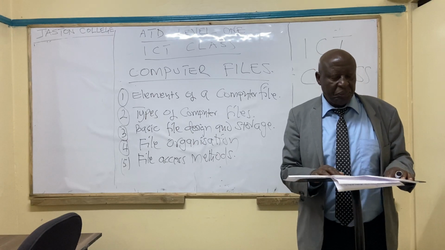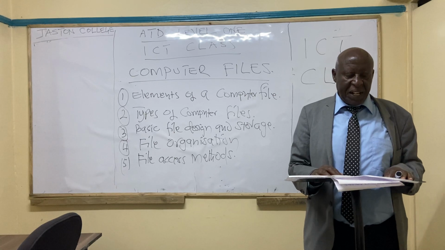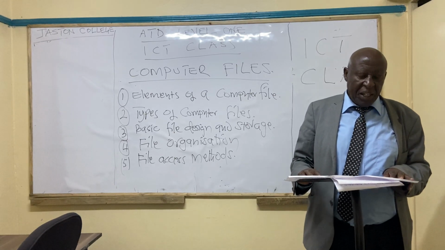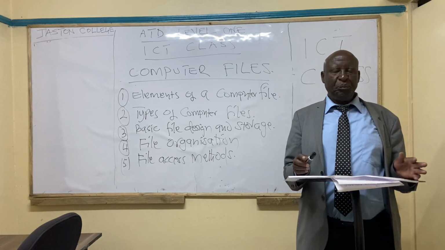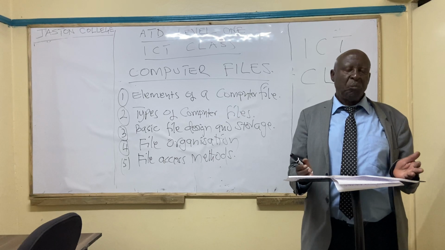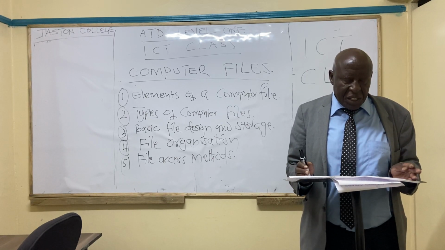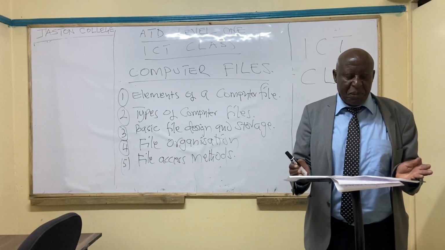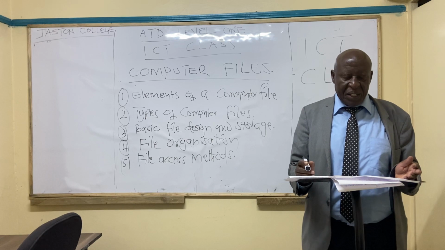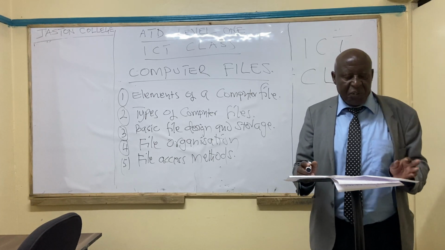2. Let us also look at basic file design and storage. Data can be stored in various methods. For example, it can be stored on disks and tapes, or both, capable of storing very large files.